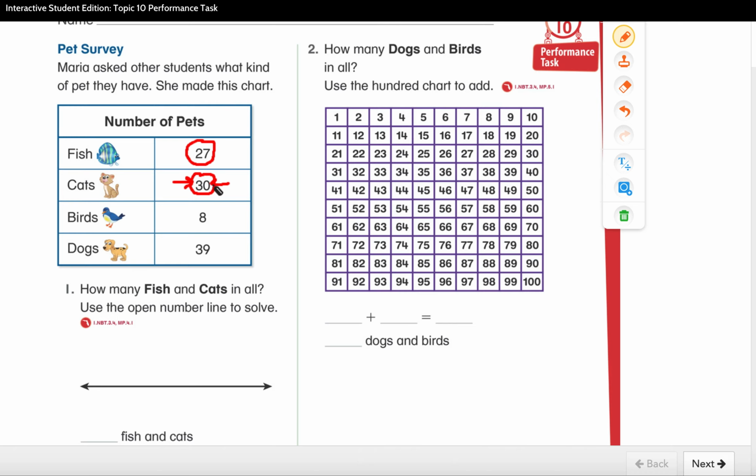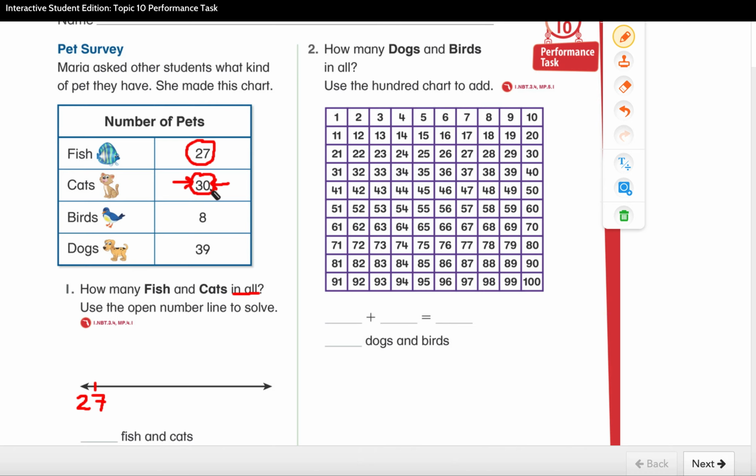So it would make the most sense for us to start our open number line off at 27, because then we're just adding 30 to 27. Because when it says in all, remember that means we're adding them together. So we want to know what is 27 plus 30.